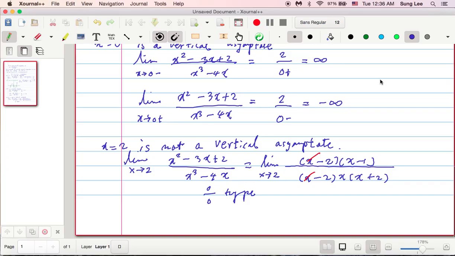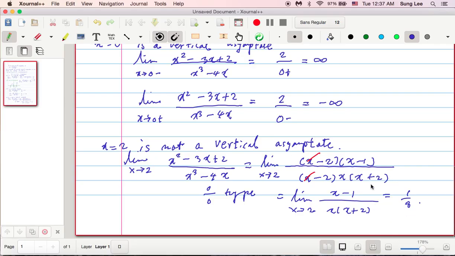So this leaves us the limit of (x minus 1) over x times (x plus 2) as x approaches 2. In this case, that's going to be 1 over 8. So a finite number.